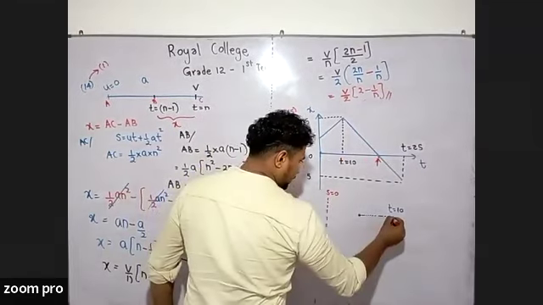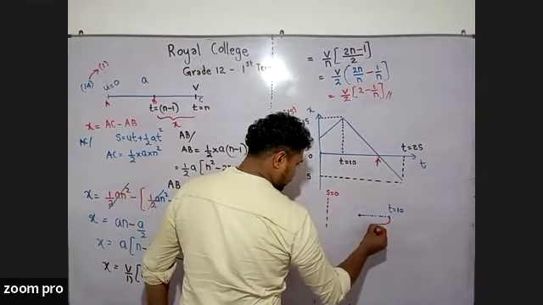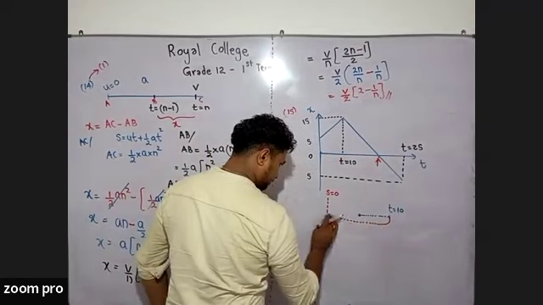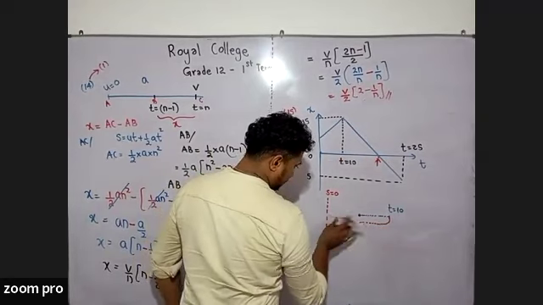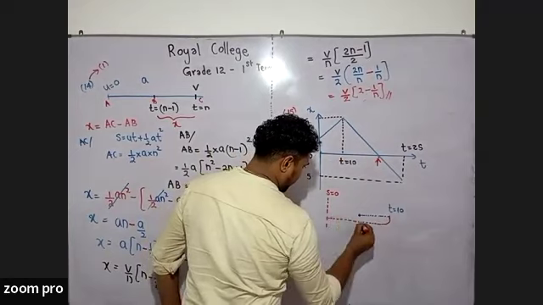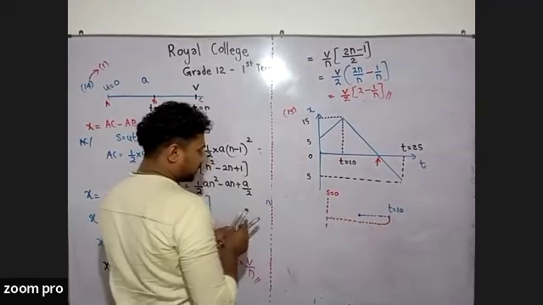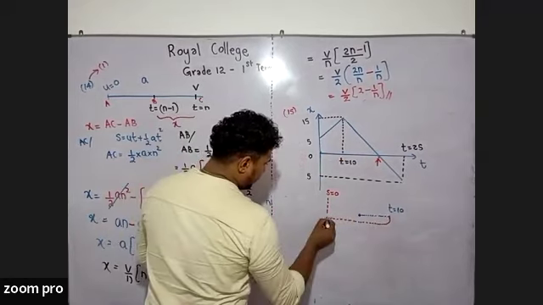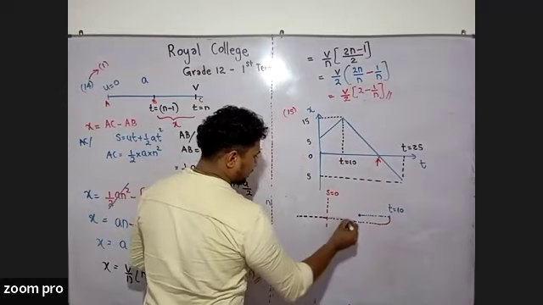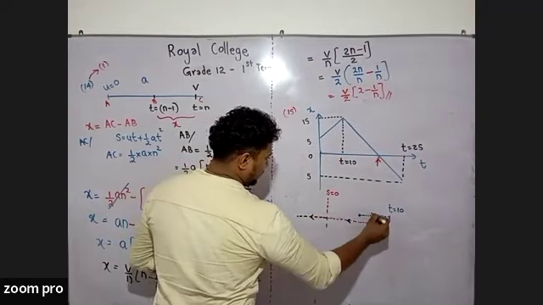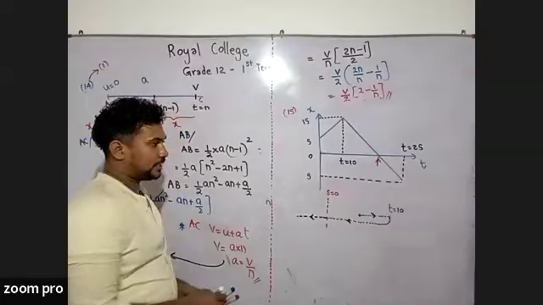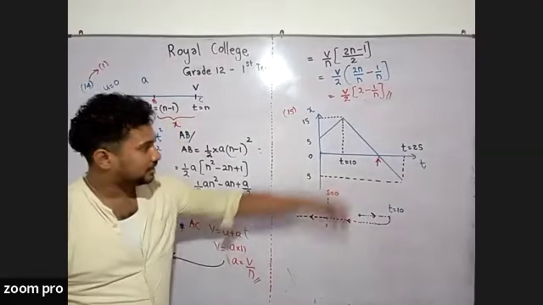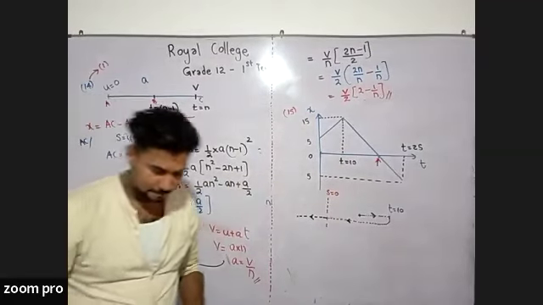So this object reverses, it just passes the initial position and returns to the opposite side, and it is further moving towards the other side. So this is the motion of this object relevant to this graph, right?